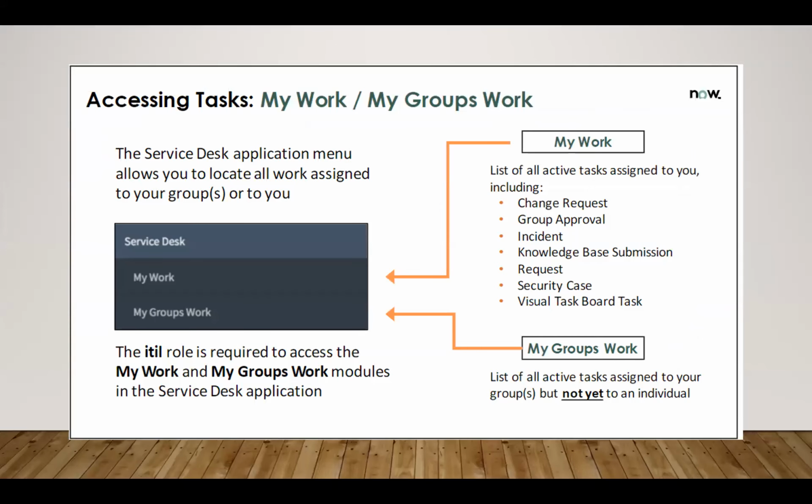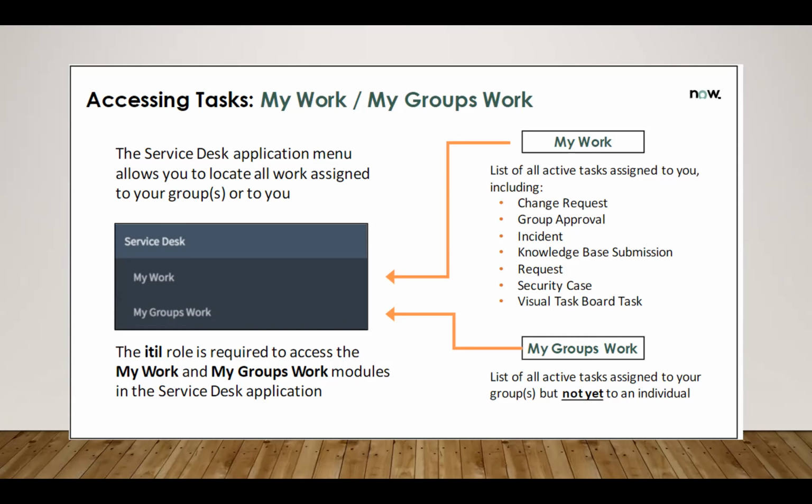So is it clear? These two things clear? Can you go over it? So if the first one you did was log in to impersonate the ITIL user and go to My Work, that displays all the incidents assigned to that particular user. Yeah, not only incidents, all the tasks actually.